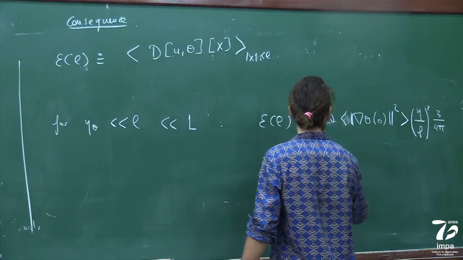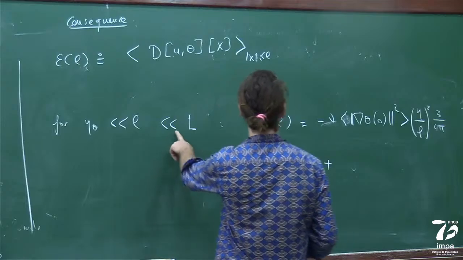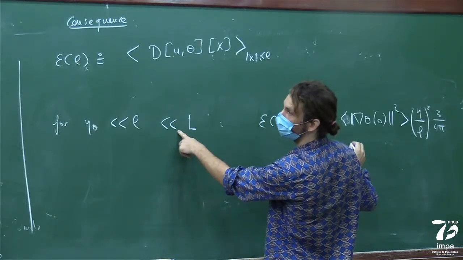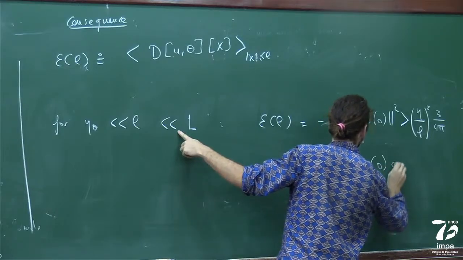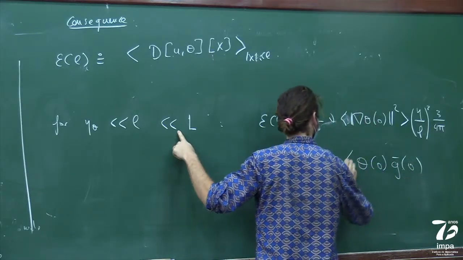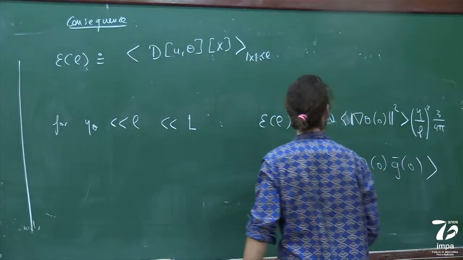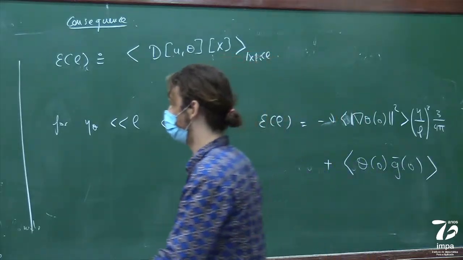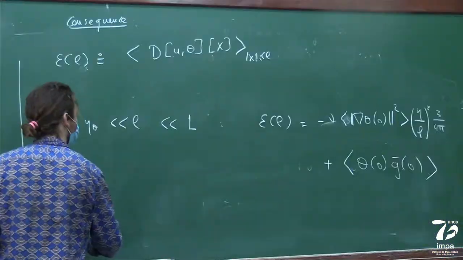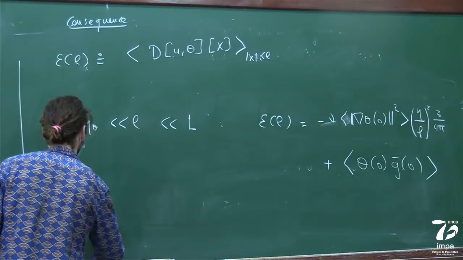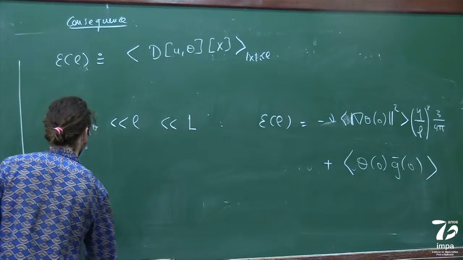Plus, in this case, we have just the correlation of the scalar theta 0 bar of 0. Simply, we apply this formula for the second one.